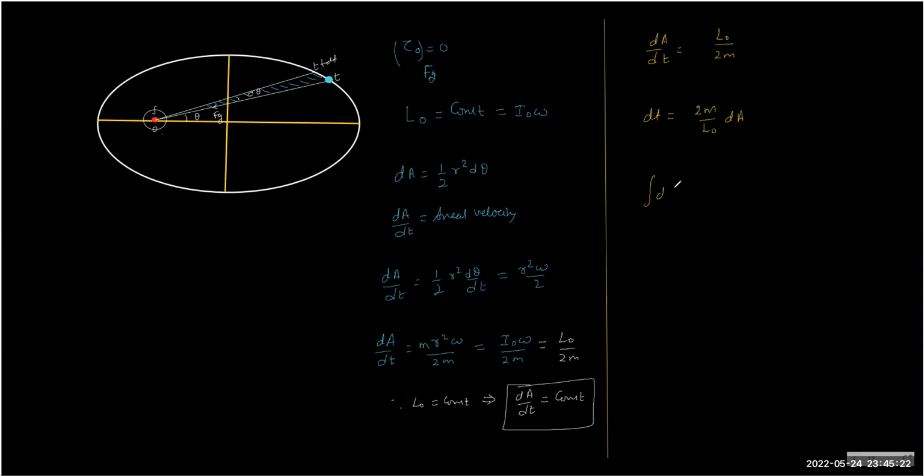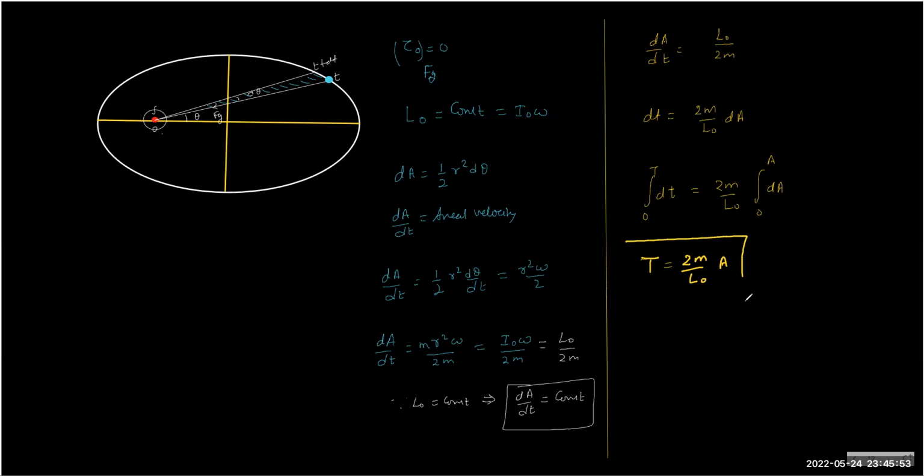So the time period to complete the full revolution around the sun will be equal to the total area swept by the position vector in one time period, and this is the area of the ellipse, right? Yes. So this also gives the third law from Kepler, that is, the time period around any planet is equal to 2m by L naught into area.